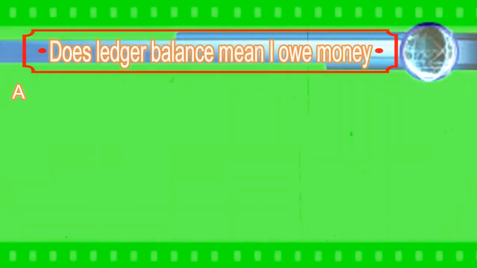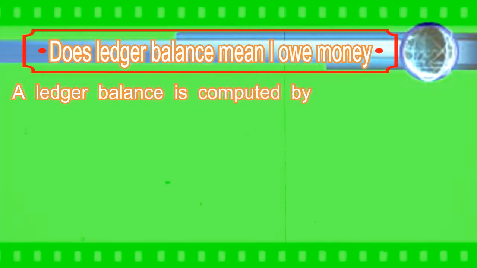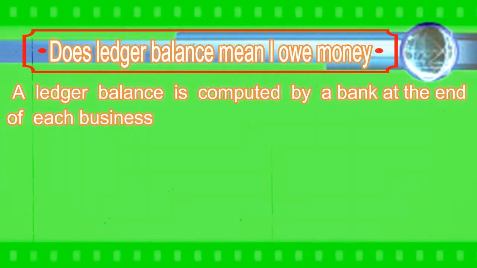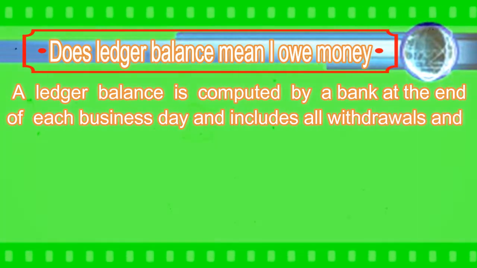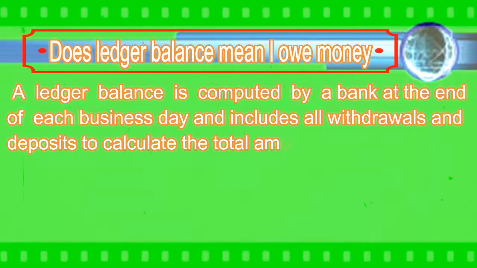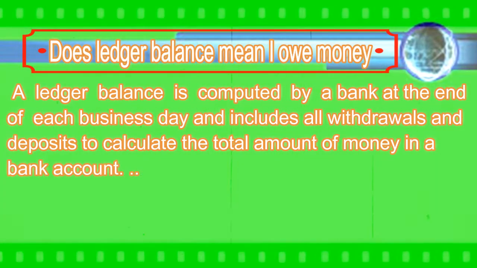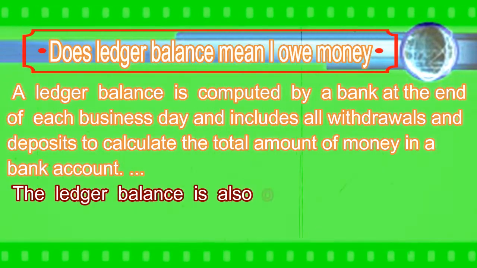Now, does ledger balance mean I earn money? A ledger balance is computed by a bank at the end of each business day and includes all withdrawals and deposits to calculate the total amount of money in a bank account.